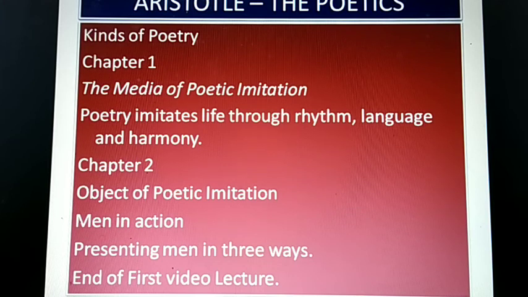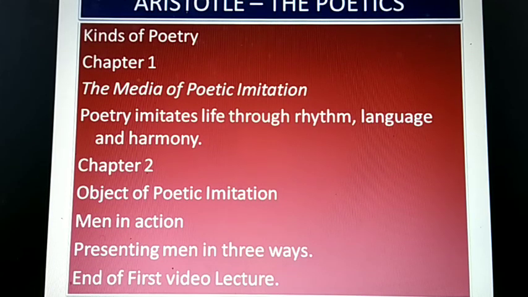At the end of chapter 2, Aristotle speaks to us about comedy and tragedy. Based on the representation of men in drama, if you present them in a better way, you have tragedy. If you present them in a worse way, you have comedy.